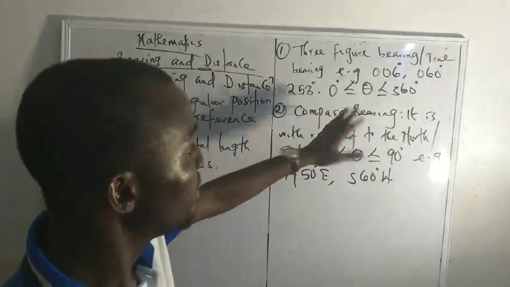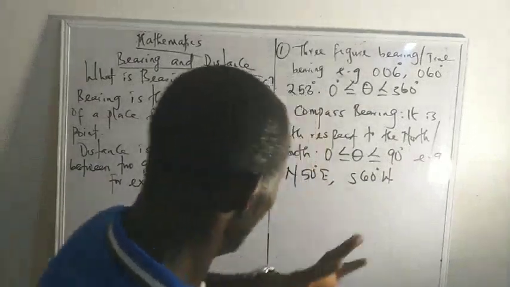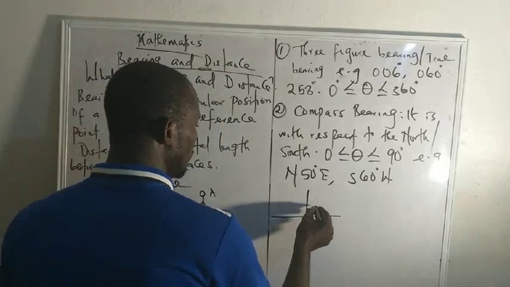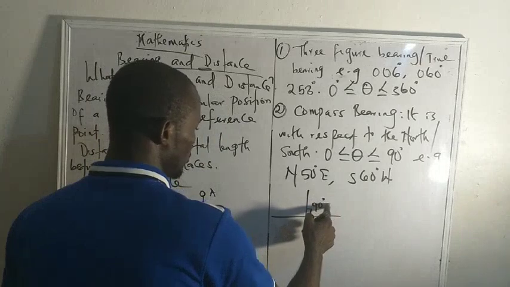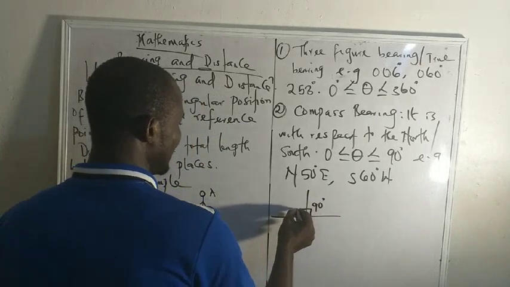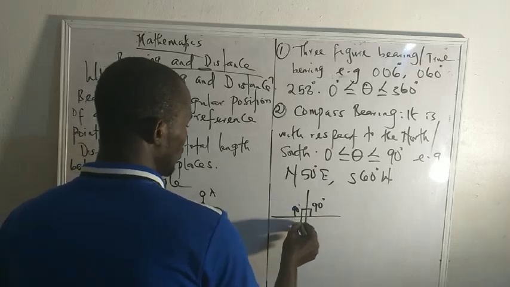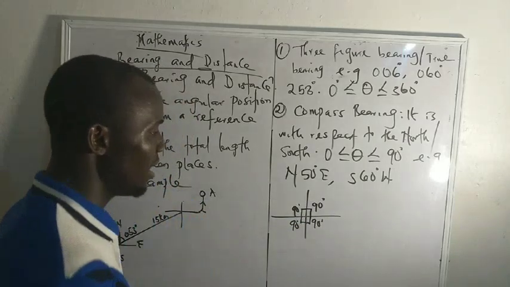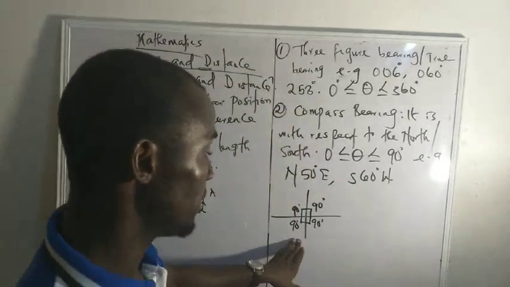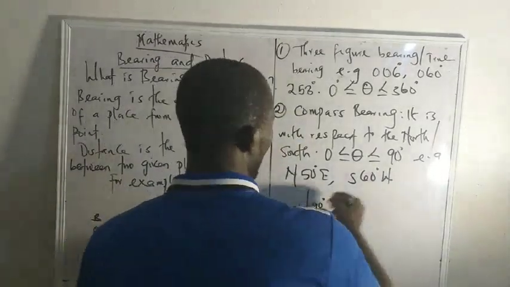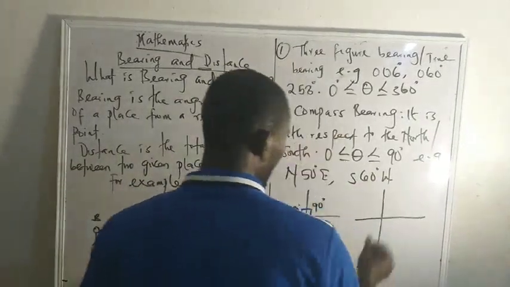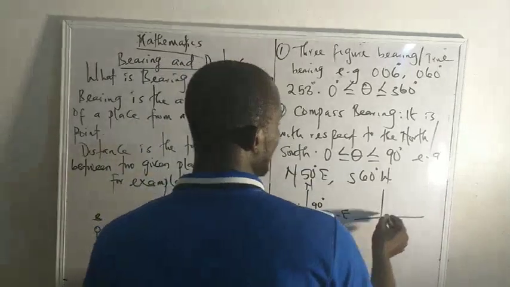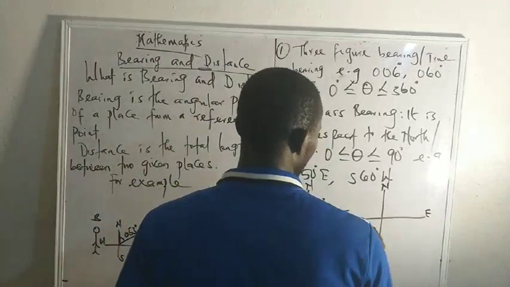It's also known as this one actually based on quadrants. So it is important to note that in a quadrant we have something like this. Each of these quadrants, this is the first quadrant, second quadrant is also 90 degrees, third quadrant is also 90 degrees, fourth quadrant is also 90 degrees. And then under this particular compass bearing, this is north, east, west, south.